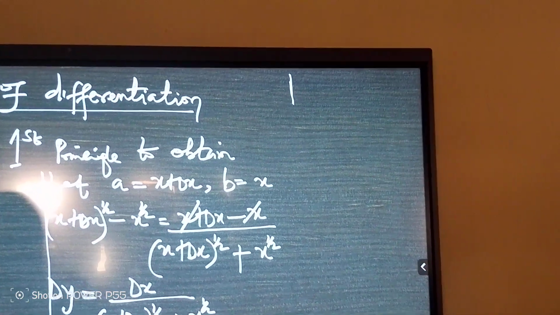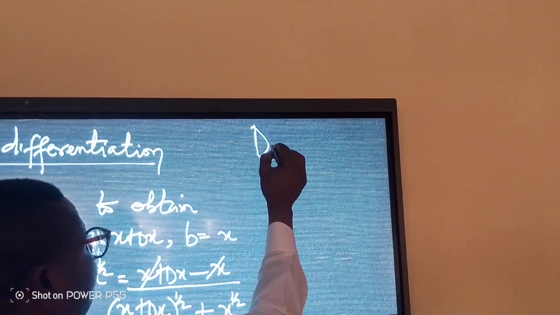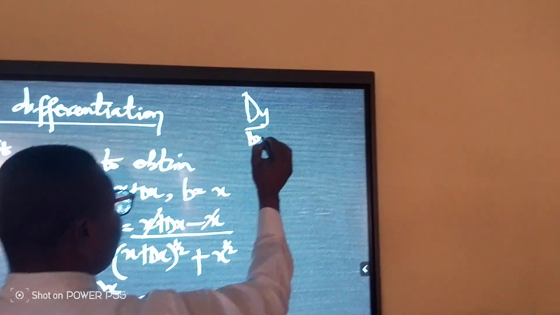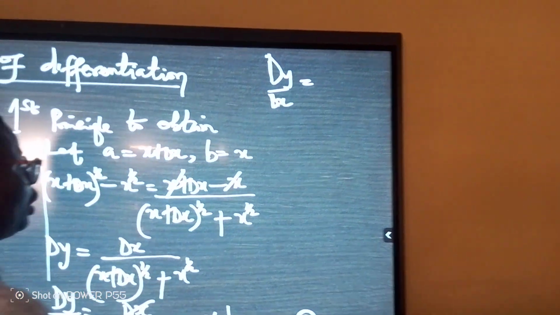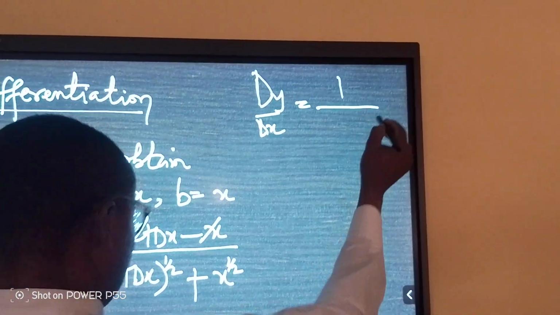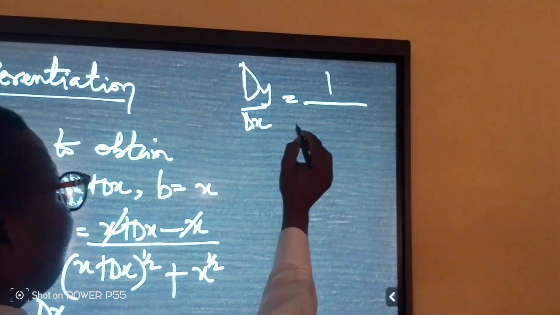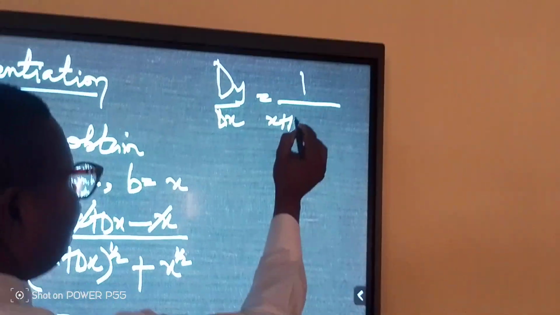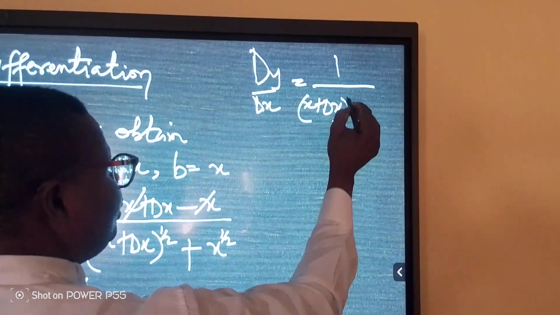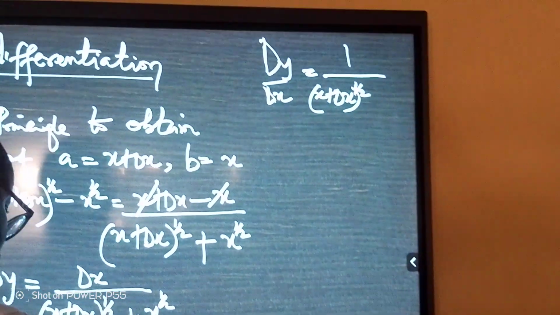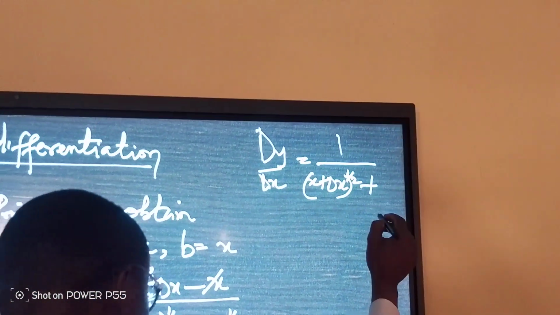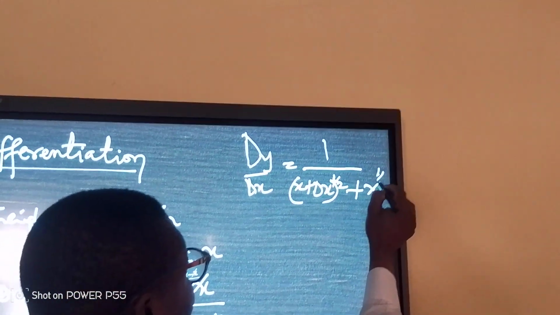We say dy over dx from here is going to be 1 all over (x plus dx) raised to power half plus x raised to power half.